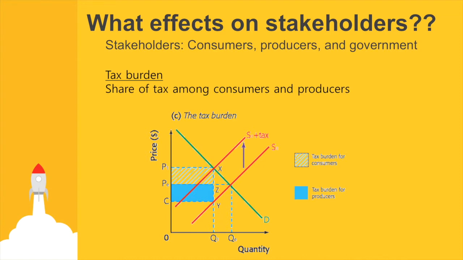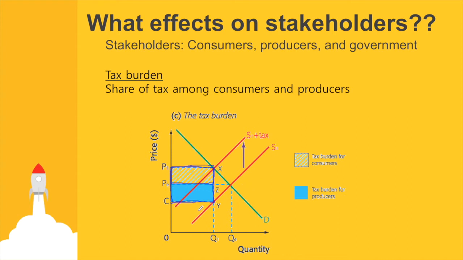How is it shared? Same as before, we look at the government tax revenue box, this one, and in this box, the top box here is the tax burden for consumers, and the bottom box will be the tax burden for producers.